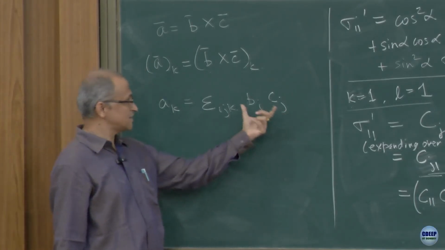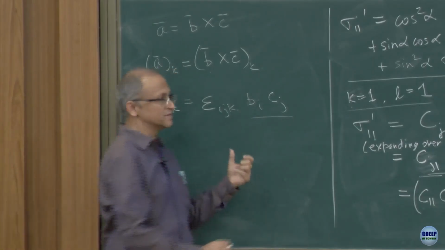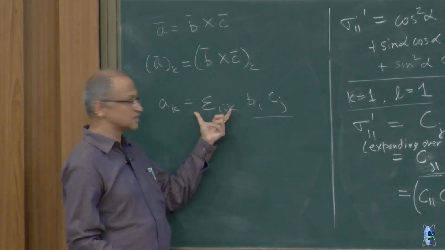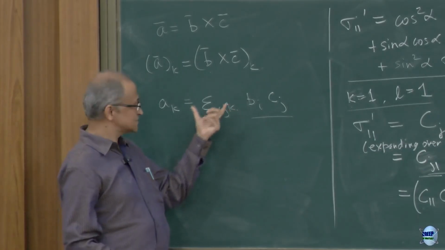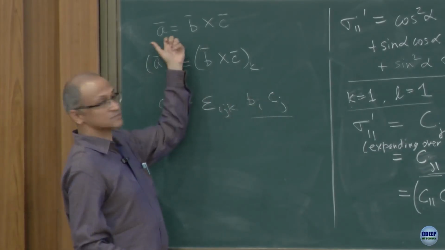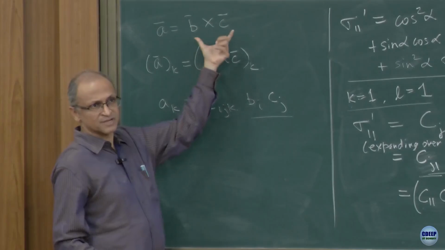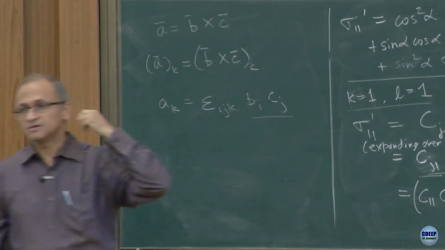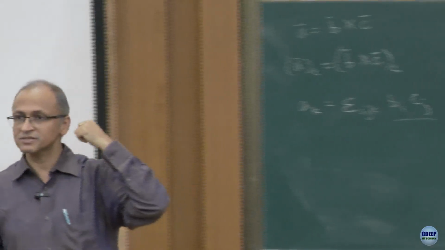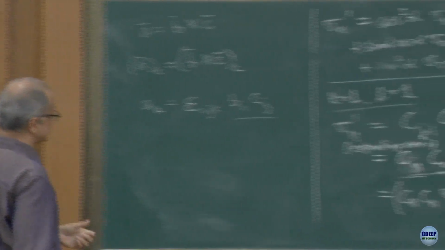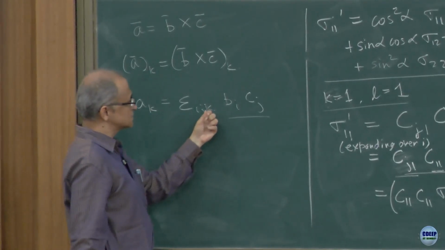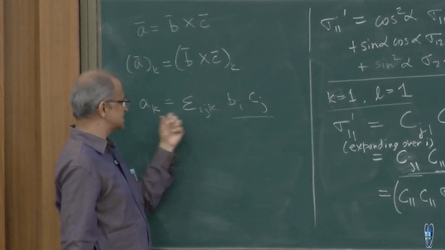Then I get an epsilon, because this is going to be a vector product. After taking the cross product, I should get a vector, so that vector should also have a free index, which is k.